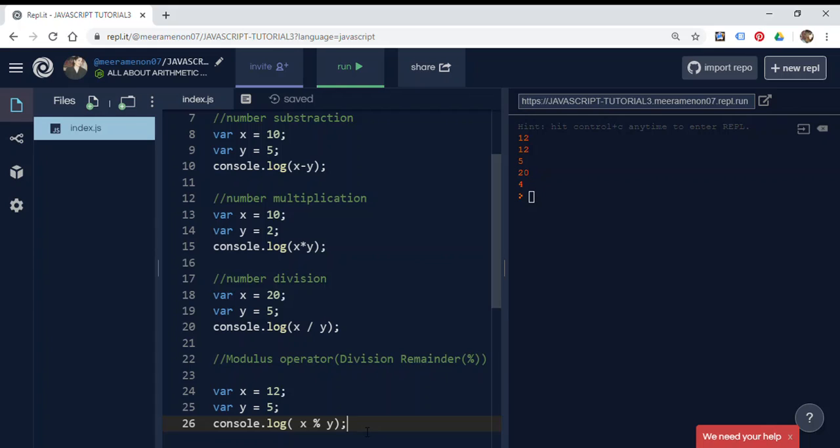For example, here, when you divide 12 by 5, 2 is the quotient, and what is the balance remainder? 5 twos are 10, right? And the remainder would be 2, right? So that 2 will be the result for the division remainder. Let's run it. 2. Okay, let's say we take another example.